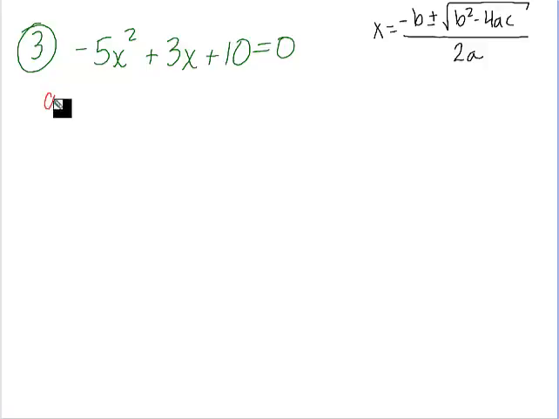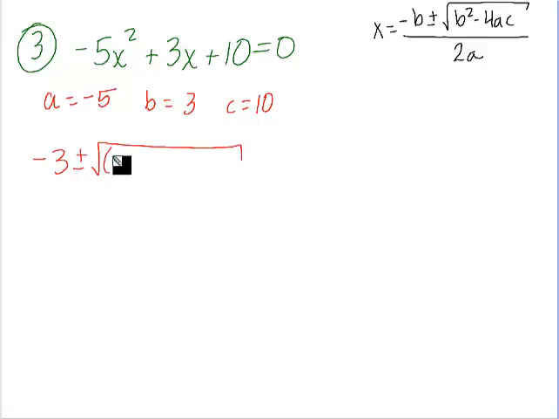So here, we got a to be negative 5, b to be 3, and c to be 10. So when we plug this into our formula, we have negative 3 plus or minus the square root of 3 squared minus 4 times negative 5 times 10, all over 2 times negative 5. Okay?